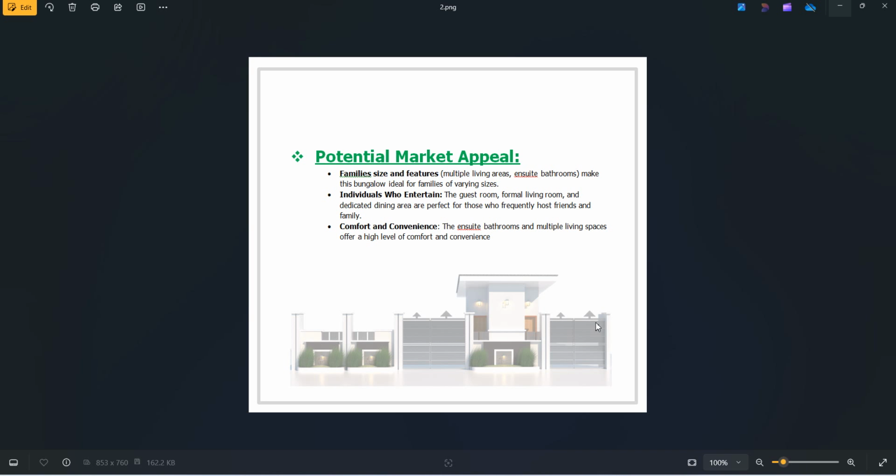Different kinds of families, because of this kind of features, are more influenced by it. Individuals who love entertainment, people who like having guests visit them, are also influenced by this kind of building. Another thing is comfort and convenience, because people believe a large house with bedrooms and multiple living spaces gives more comfort and convenience to the occupants.